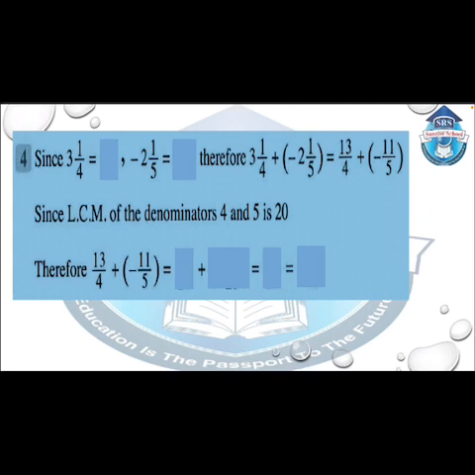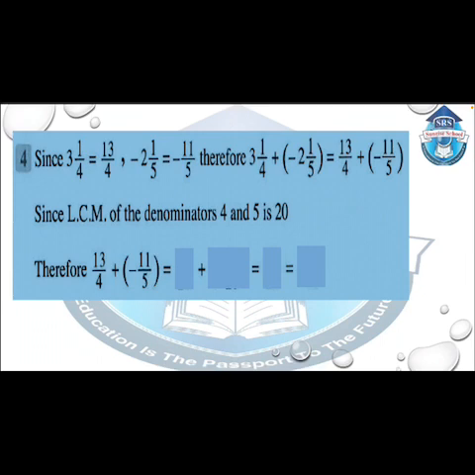Then to have the same denominator and make it an easy operation, I will change this mixed number into an improper fraction. At first it will give us 13 over 4, and I will do the same with negative 2 and 1 over 5. I will change the mixed number into an improper fraction. Yes, it will be negative 11 over 5.